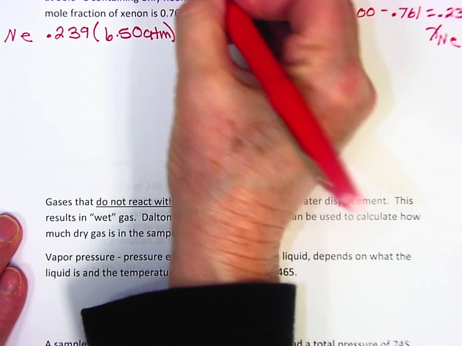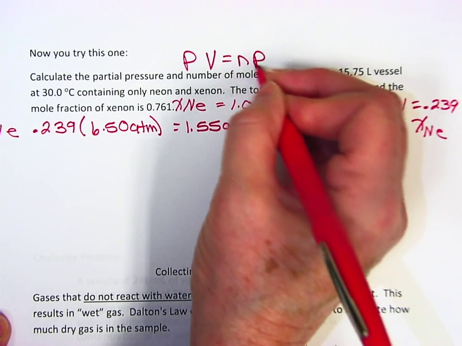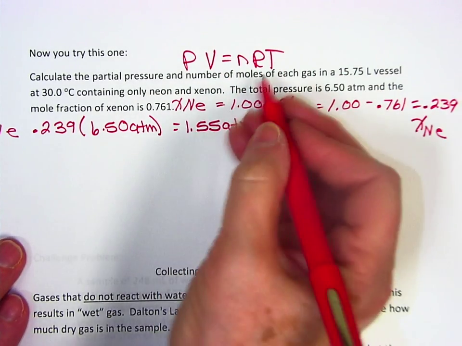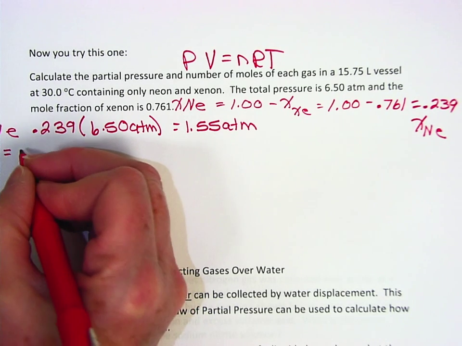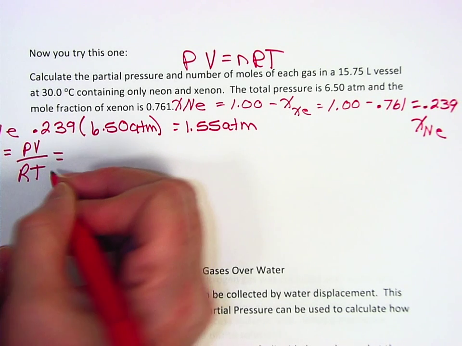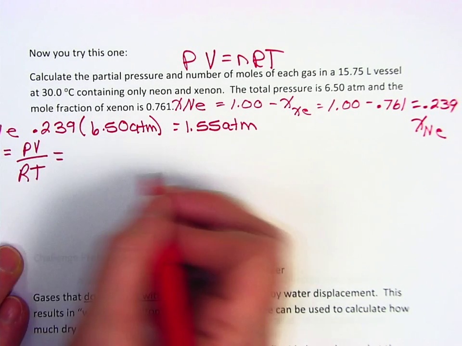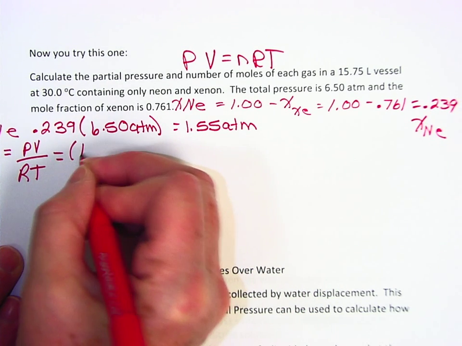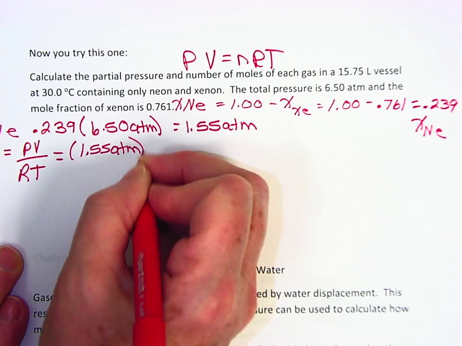Now, I know the ideal gas law, PV equals nRT. So I decided to rearrange to solve for the number of moles of neon. n is equal to PV over RT. My pressure was 1.55 atmospheres. That's just the pressure of the neon.